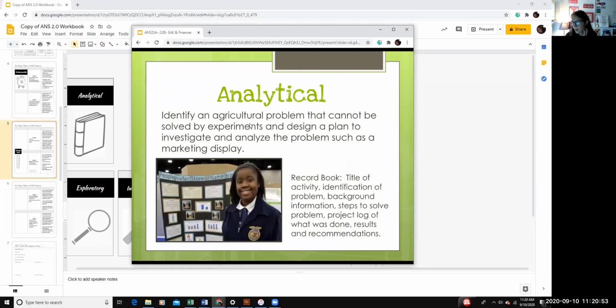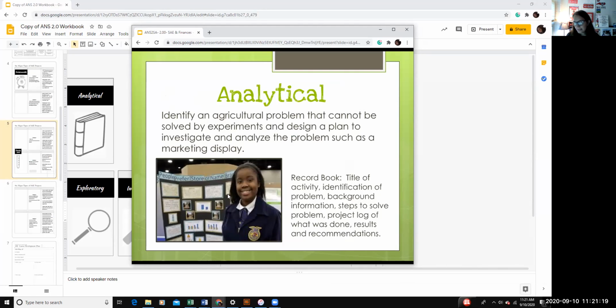Analytical: you identify an ag problem that cannot be solved by an experiment. You design a plan to investigate and analyze the problem, and then you create something like a marketing display. So like this girl here, she has a board behind her, talks about whether people prefer store or name brand, probably products or feed, you know, different products for animals.